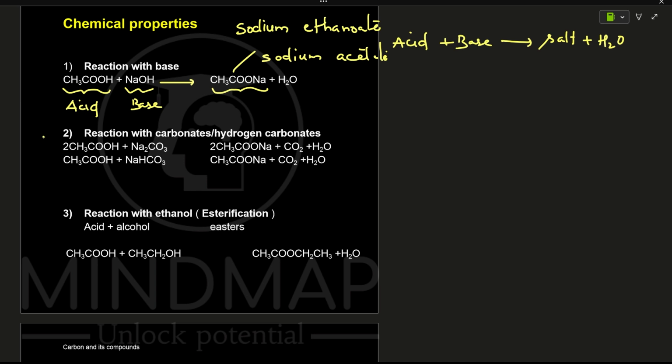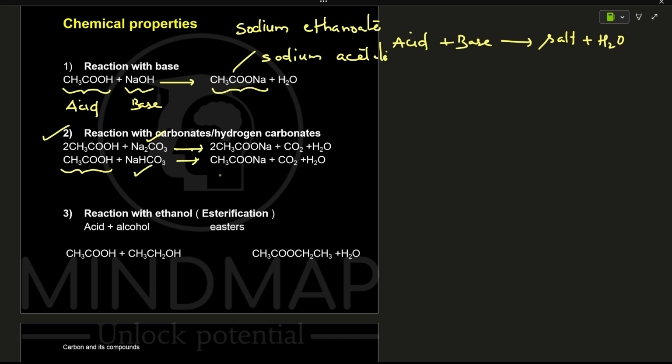Okay, let's see the next reaction with carbonates and hydrogen carbonates. See, whenever this ethanoic acid is reacting with the carbonate, sodium carbonate, or you can take a sodium hydrogen carbonate, what we get?